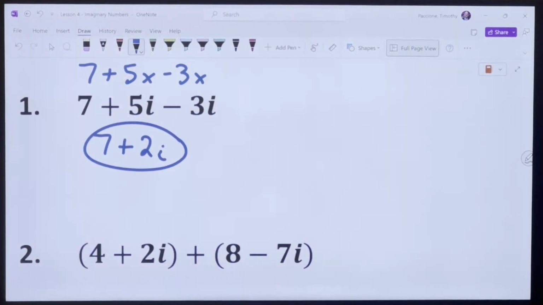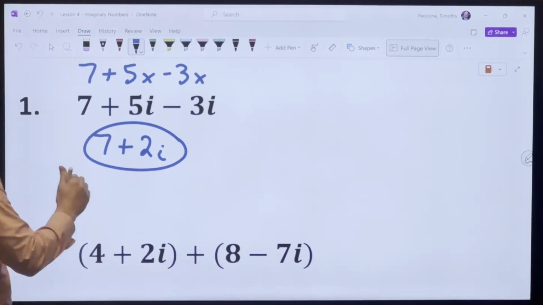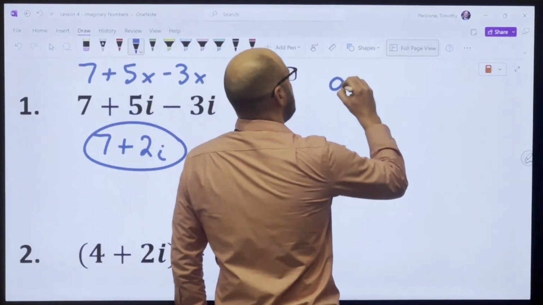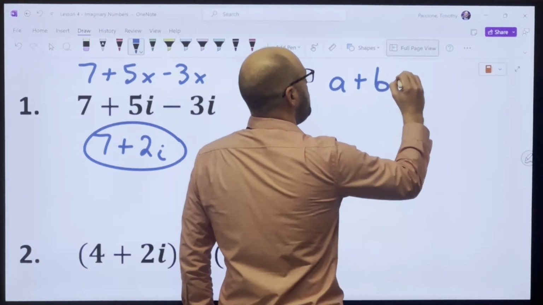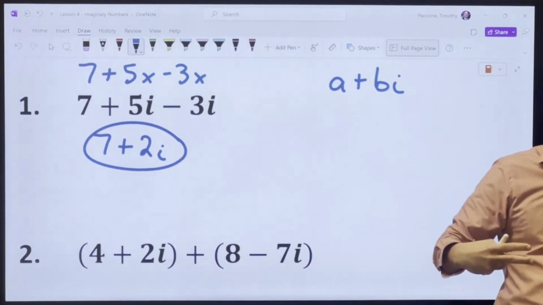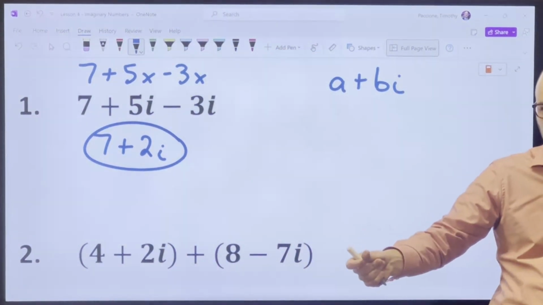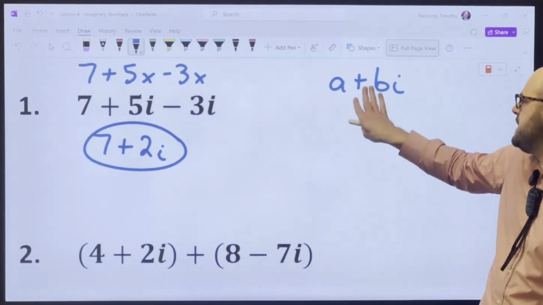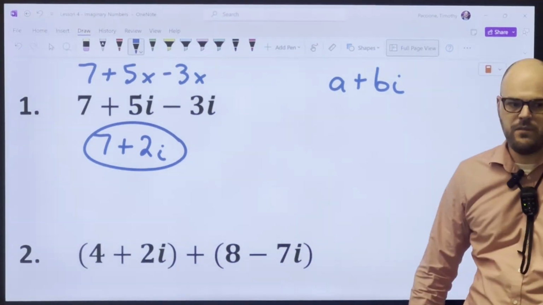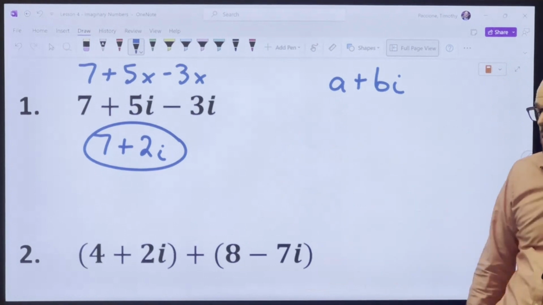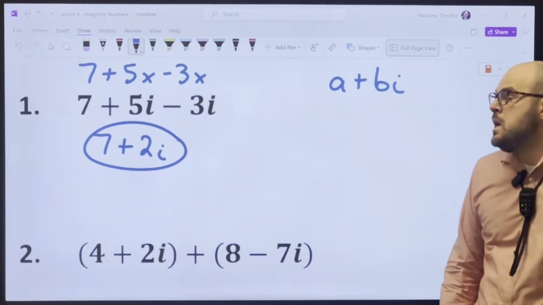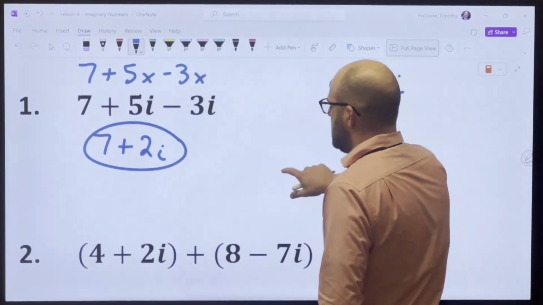No, it would be the opposite. a plus bi is the complex number form. There's something called complex numbers that you write in this form: the number plus the number times i. So this is the proper way. I wouldn't take off if you wrote it 2i plus 7, but if you want to know the form, it's that. Okay? Good question.